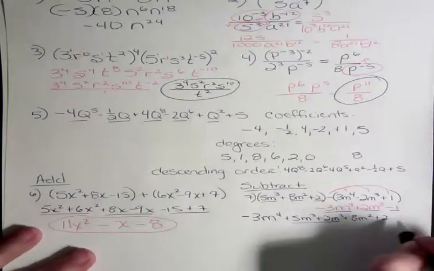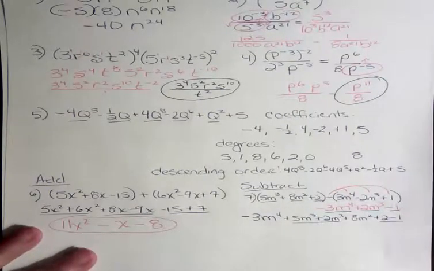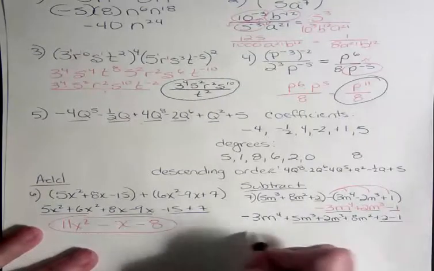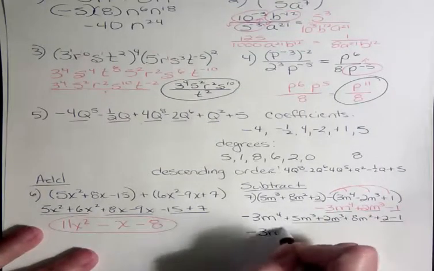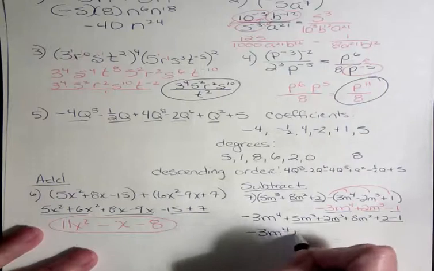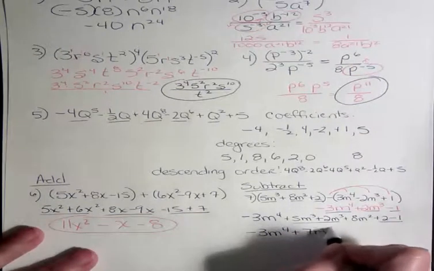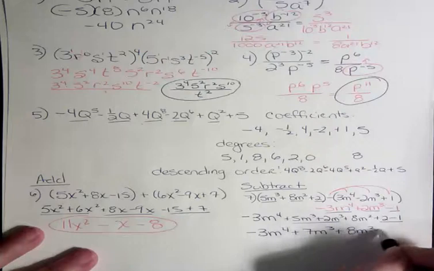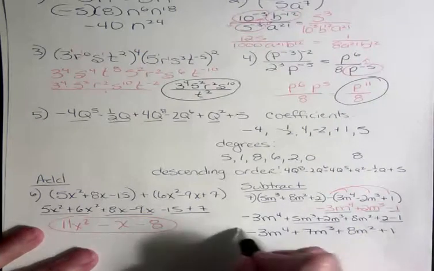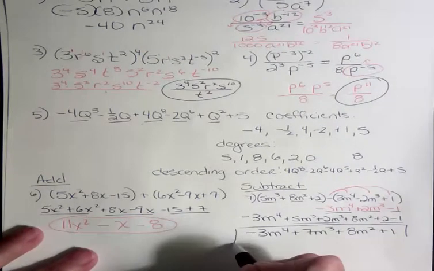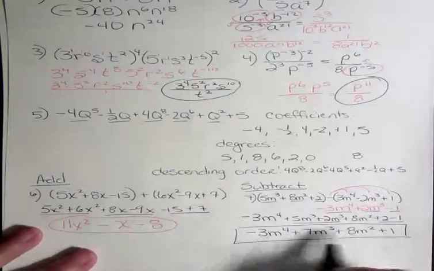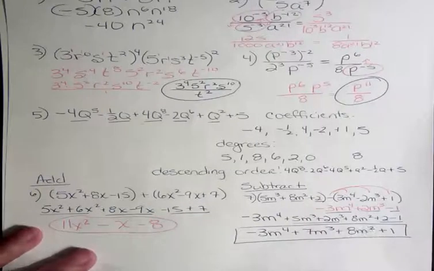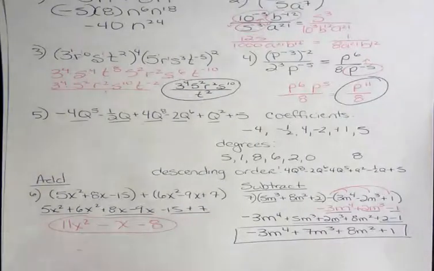So those two are like terms. So if I combine those up, I get -3m to the 4th plus 7m to the 3rd plus 8m squared plus 1. That would be descending order: 4th power, 3rd power, 2nd power, 0 power, and that will be the final answer for that one.